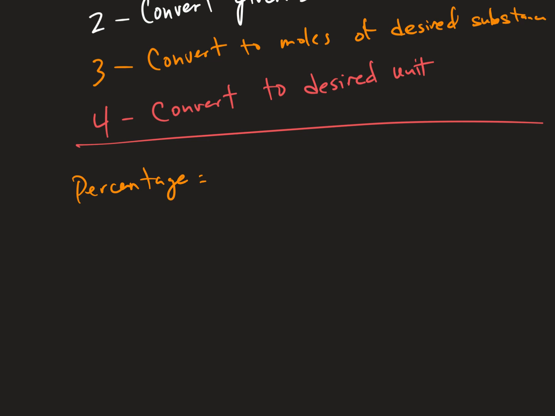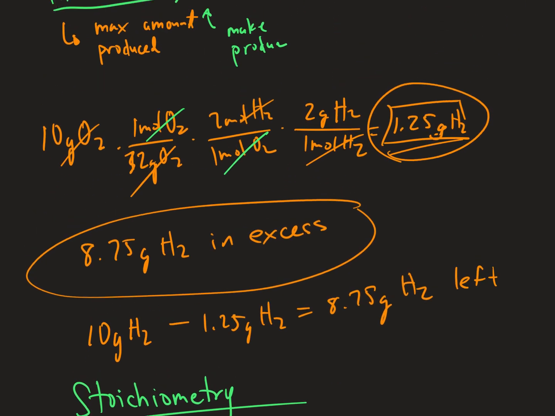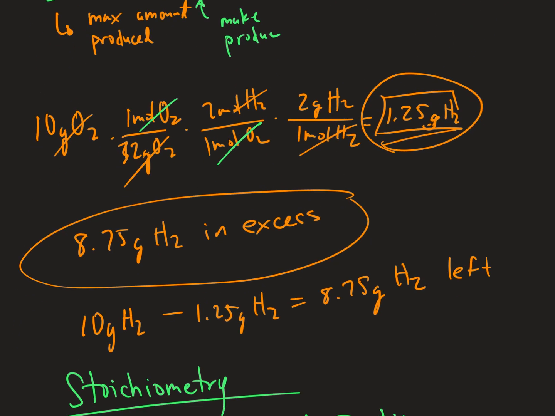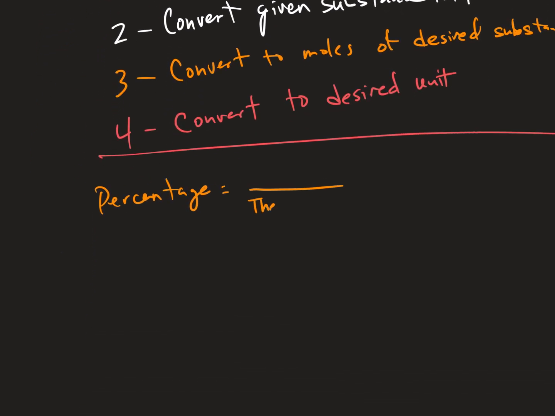It's always divided by the amount of total, always, always, always. What's the total amount in chemistry called? In theory, what's the maximum we can get? Theoretical yield. That goes on bottom.